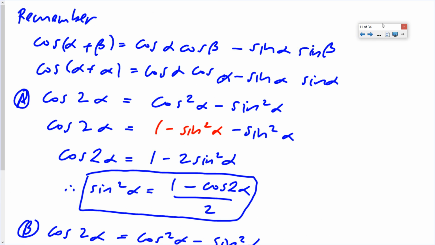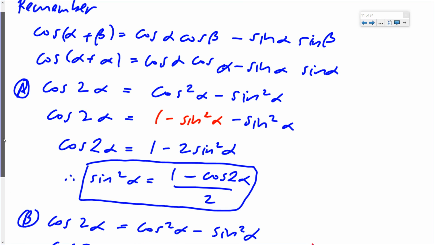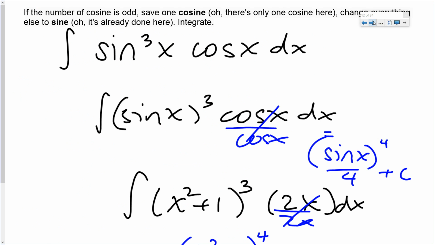The formulas come from your double angle formulas, these cosine formulas. I did it here so you guys can see where it came from, but in the end, you don't really have to memorize how they're derived. You just need to know the final result. So on your pink sheet and also on your notes here, it has these formulas that you need to memorize if you're taking BC Calc.